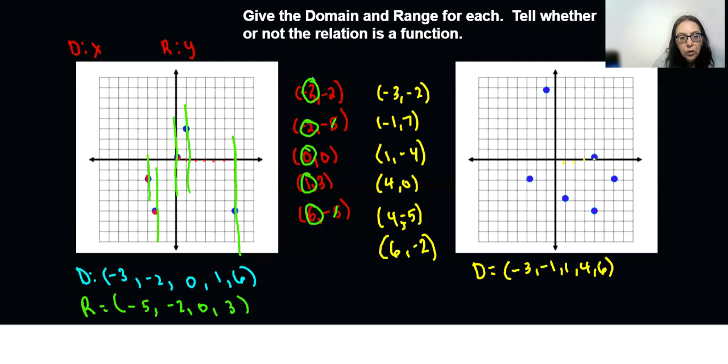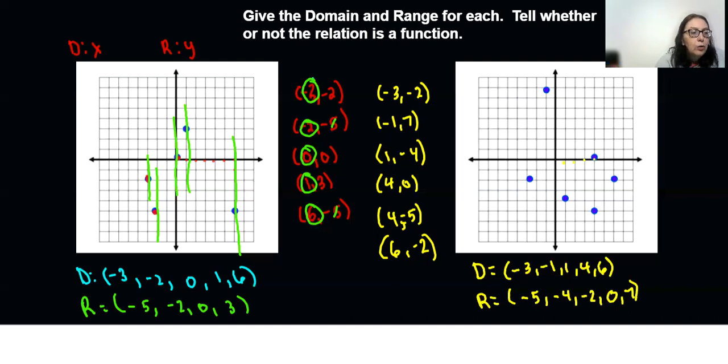And then the range are our y values. We got -5 as the smallest one, so I'll list that one. Then we got -4. Then we got -2. We've got 0, and we have 7. All right, so we've got our domain and range.